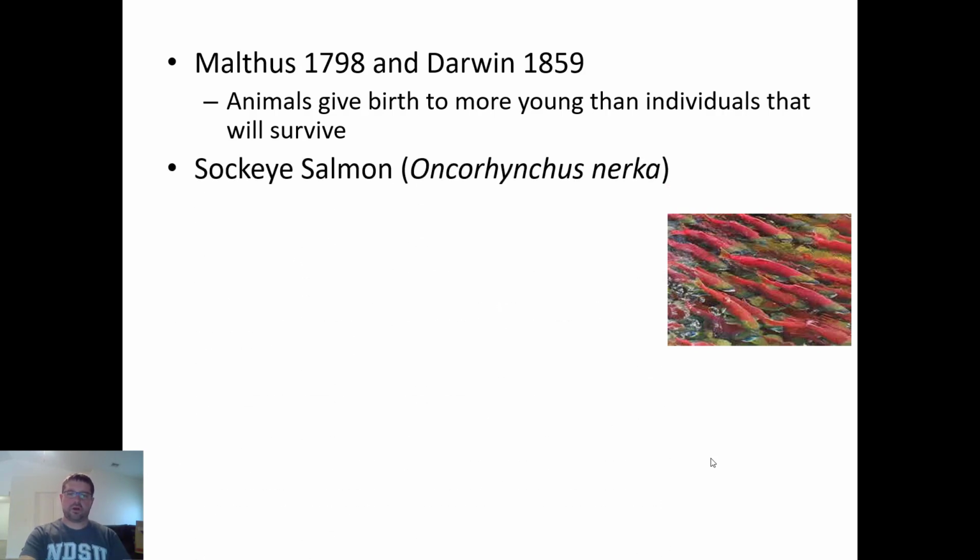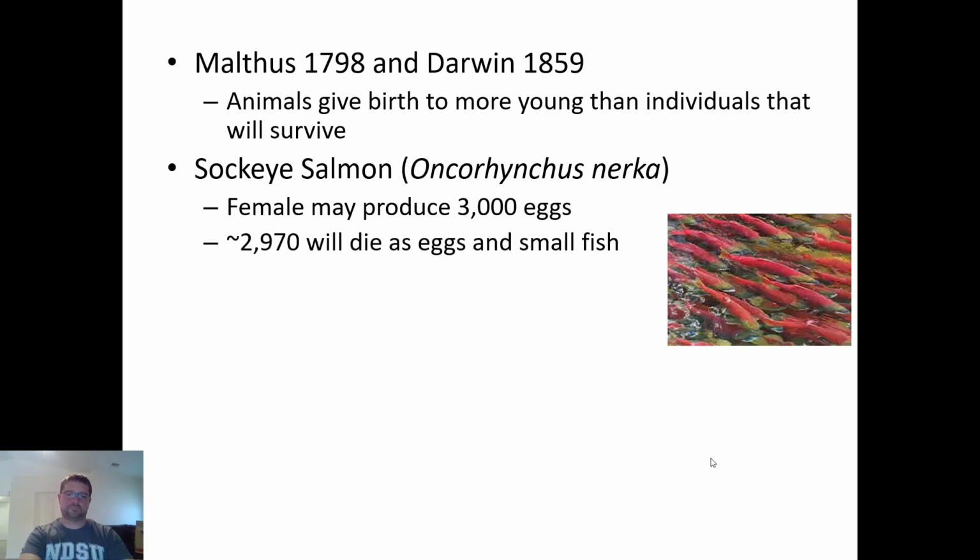So we can talk about things like sockeye salmon, Oncorhynchus nerka. Okay? Let's say a female produces 3,000 eggs. And it really depends on the size of the female. I mean, they can produce way more than 3,000 eggs, but just for purposes of this example, 3,000 eggs.